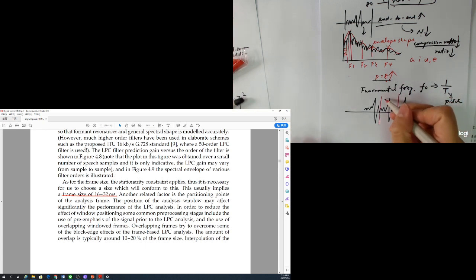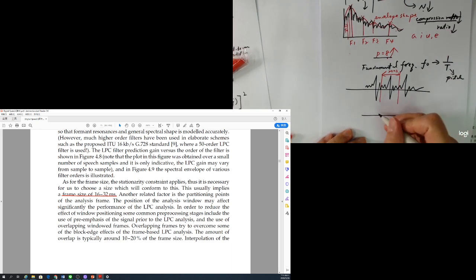So this one could be your one speech frame, could be like 20 milliseconds. So you are using a Hamming window. After the Hamming window, when you come out here, it makes the boundary signal become smaller and keeps the middle, and the boundary becomes smaller. So the boundary effect is minimized.